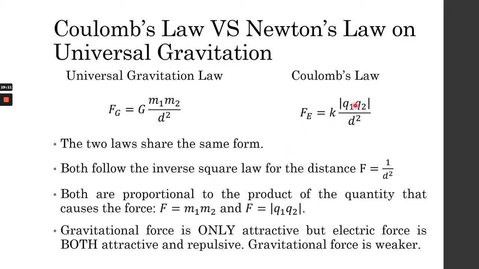So if my Q1 is positive and my Q2 is negative, we know that it should be attractive because unlike signs attract. If Q1 is positive and Q2 is positive, we know that it should be a repulsive force because same signs repel, they push away from each other. And generally gravitational force is weaker. So those are some of the things that I want you guys to remember about Coulomb's law and Newton's law of universal gravitation.